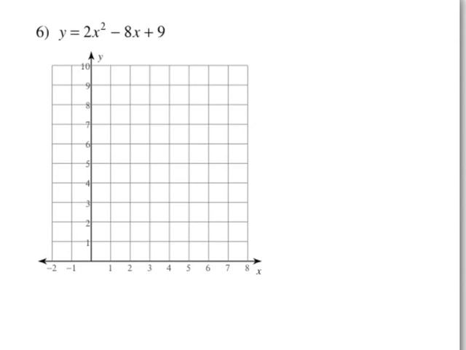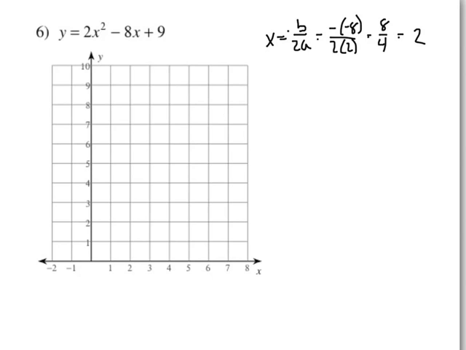For number 6, we are graphing a parabola. This one is written in standard form. So, to find the vertex of our parabola, we need to use what little equation? x equals negative b over 2a. So, we have negative 8 over 2 times 2. That's 8 over 4, which gives us an x coordinate of 2.